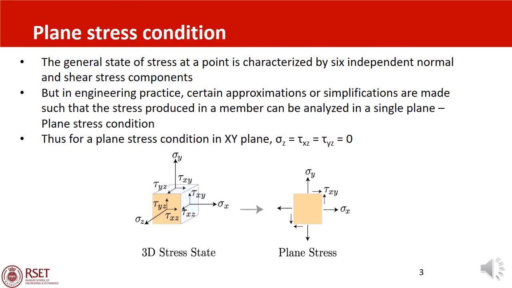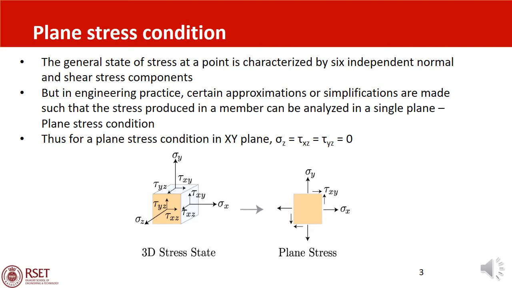Next, we will discuss the concept of plane stress condition. We have already studied how to represent the general state of stress at a point. To represent the general state of stress at a point, we use 6 independent stress components, out of which 3 are normal stress components, namely sigma x, sigma y and sigma z, and the remaining 3 are shear stress components, namely tau xy, tau yz and tau xz.